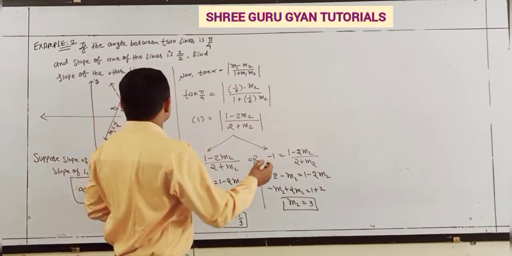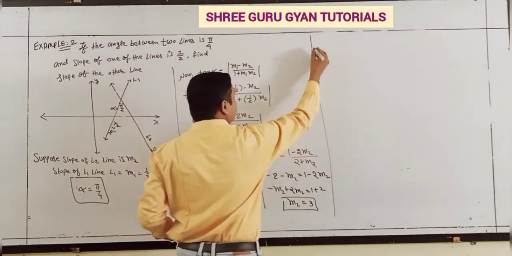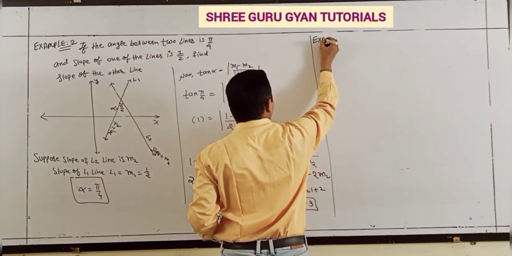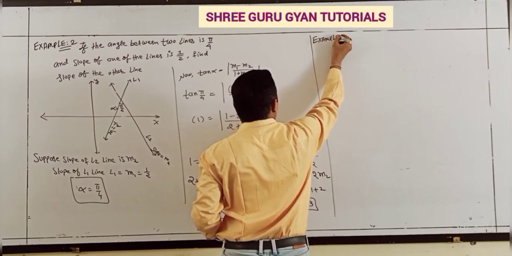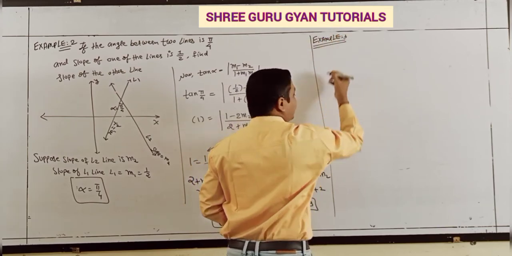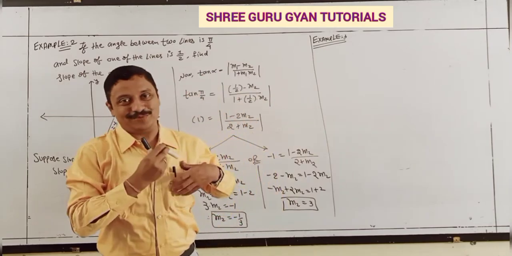Now students, continue with our example 3. The third is also very easy, with a simple formula given.